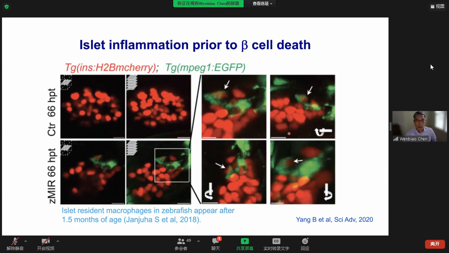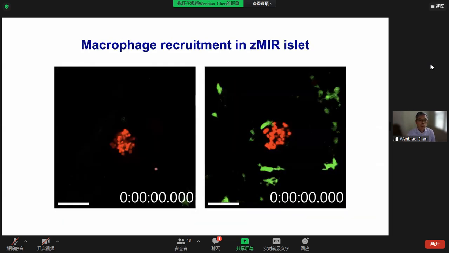So I just want to clarify that those are not resident macrophages, because in zebrafish, resident macrophages don't appear until 45 days of age, and this is about 9 to 10 days of age. So we do not have resident macrophages. Just showing you a quick movie about this: neutrophils, macrophages.